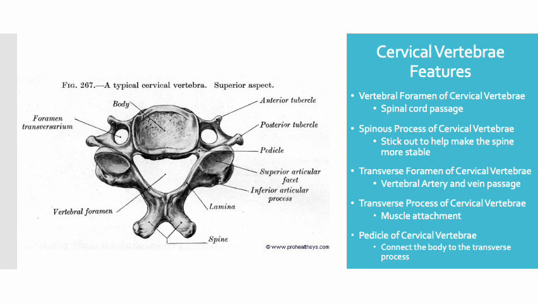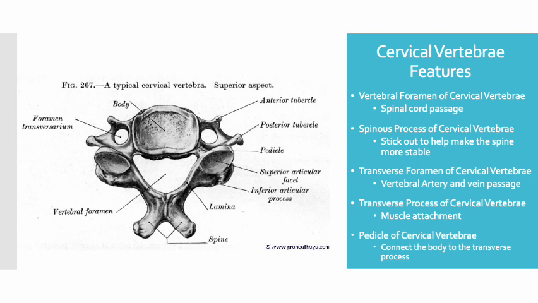There are transverse foramens, and transverse means side, and remember foramen means hole. So on either side of the body of this vertebrae are these 2 little holes. These are the transverse foramens, and they allow for the vertebral artery and vein to pass through, which supply blood. And then there's a transverse process. The transverse processes are these little knobs that are right next to the transverse foramens.